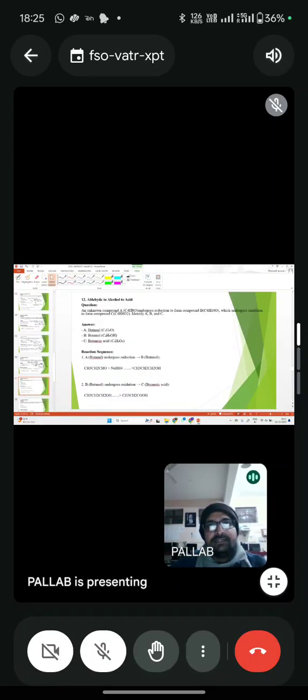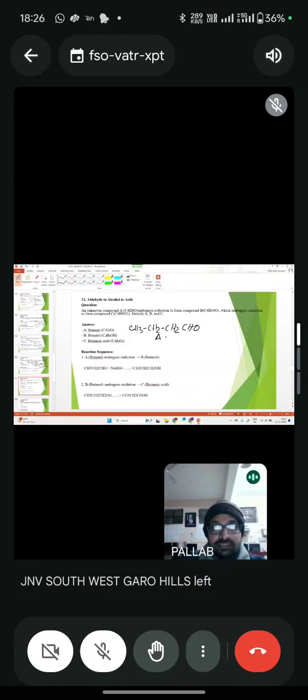An unknown compound A undergoes reduction to form compound B, which undergoes oxidation to compound C. Now, unknown compound A having 4 carbon undergoes reduction. Reduction normally happens with aldehyde or ketone. The 4 carbon aldehyde formula is CH3 CH2 CH2 CHO, 4 carbon, 8 hydrogen.